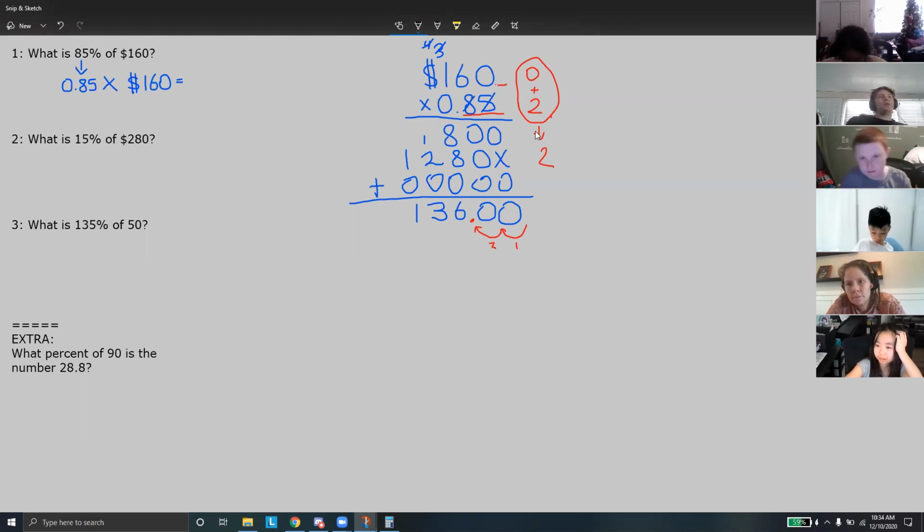One thing I really want you students to do as well is when you find the answer, so like, see, I just did this, I want you to write down what percent that number is of the number we had in the first place. So take a look. For question number 1, we were finding 85% of 160. And so we found that 85% of 160 is 136.